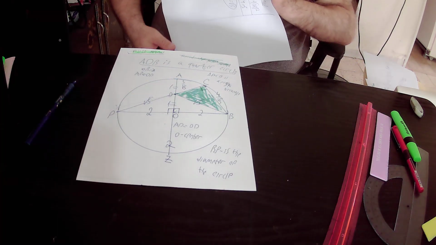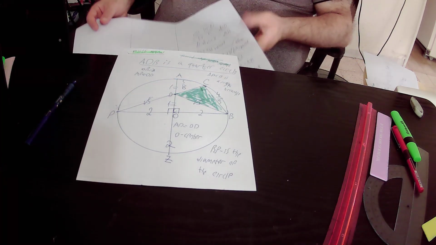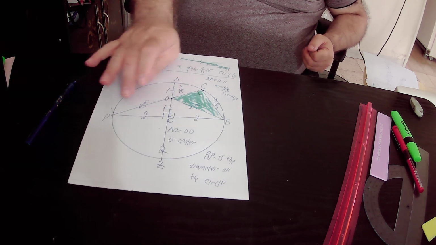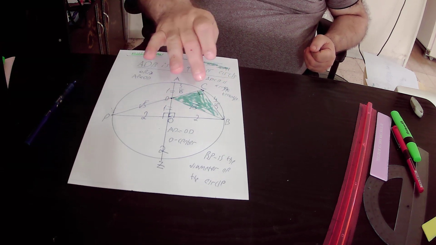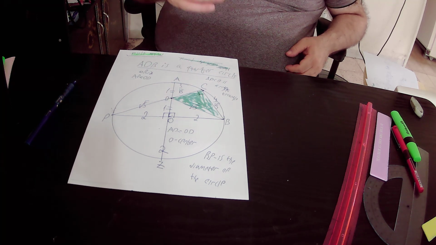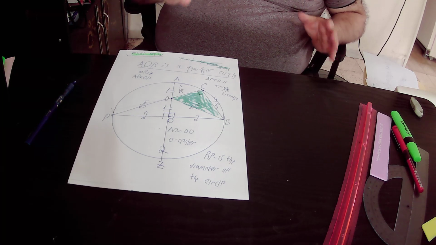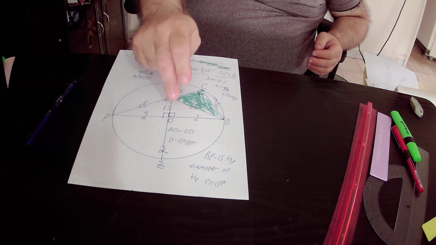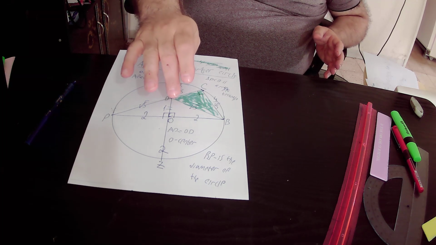Okay? Here PB is the diameter of the circle, therefore it is absolutely a straight line. PB is a straight line, and we have the rule that the sum of the angles on one side of a straight line equals 180 degrees. So if we focus on the upper side of the straight line PB at point O, the sum of the angles here must be equal to 180 degrees.